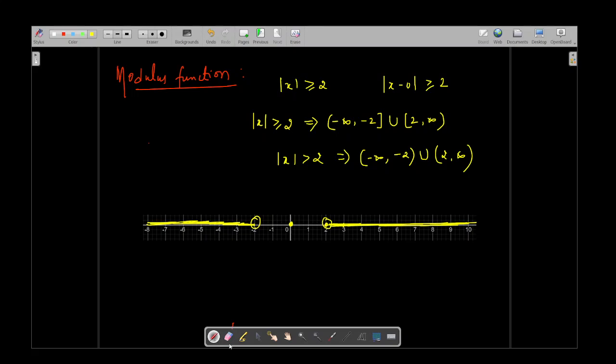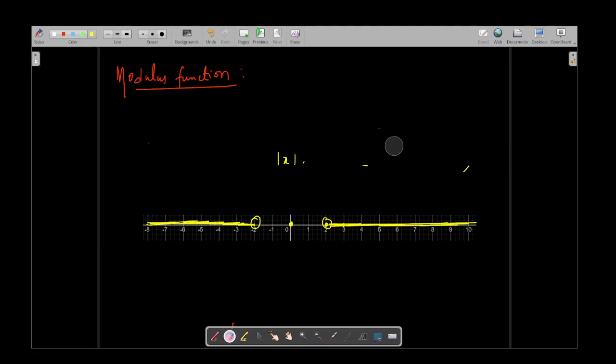Now let us take one more example, which is like this. I'll take the example as modulus of x is between 2 and 3. What does it mean?